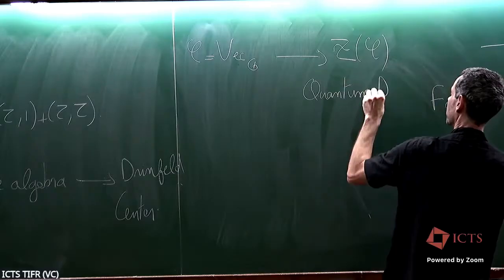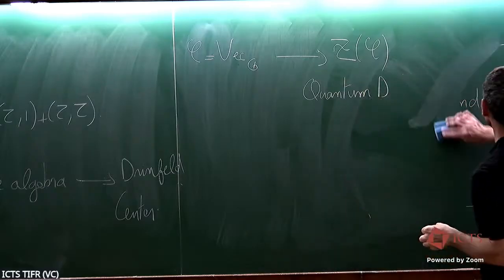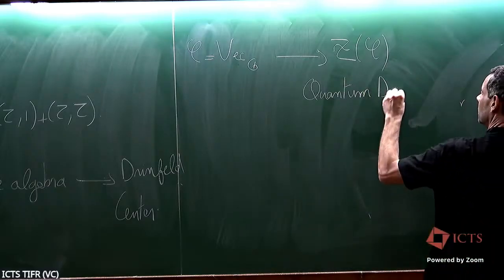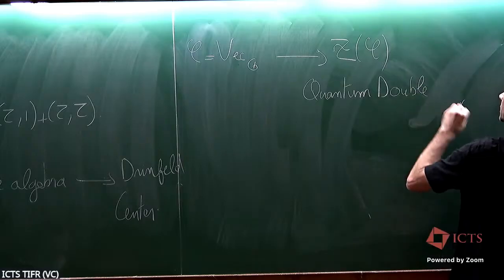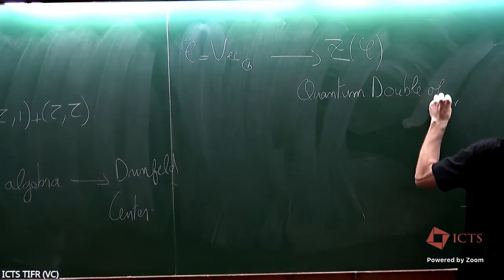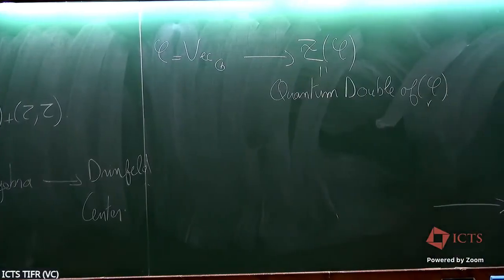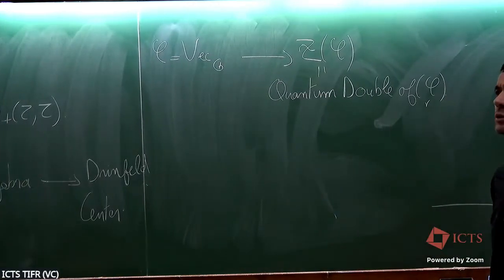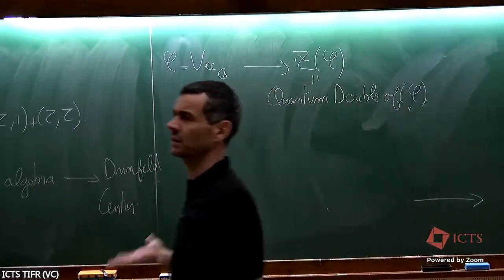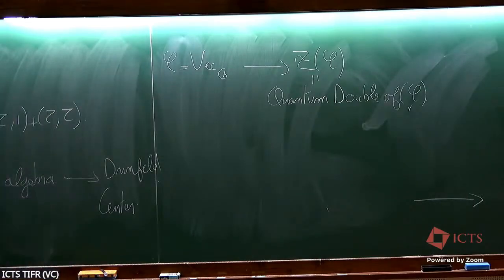And that's where the name Kitaev quantum double model comes from. But when you don't have a group, it's known as a Drinfeld center in a more general context.